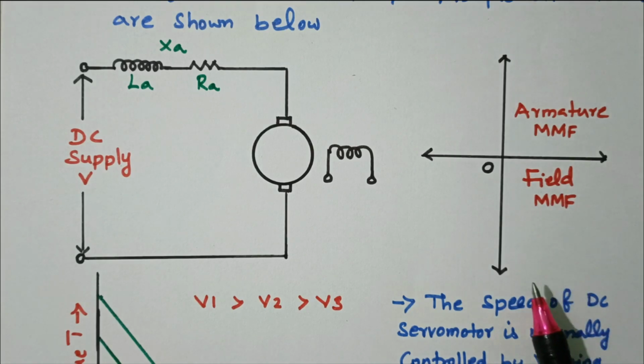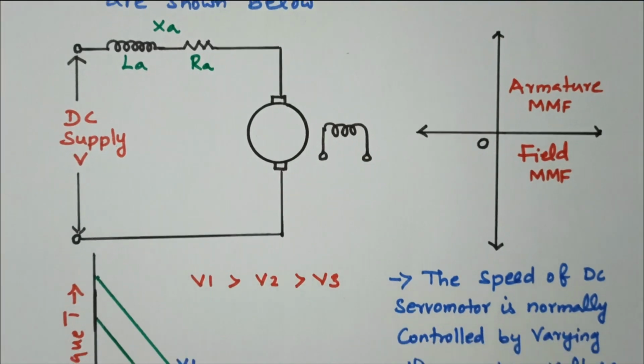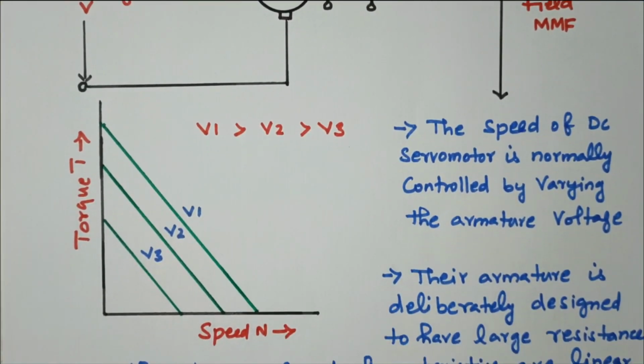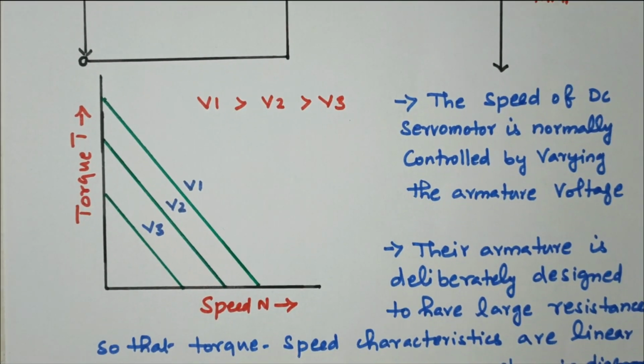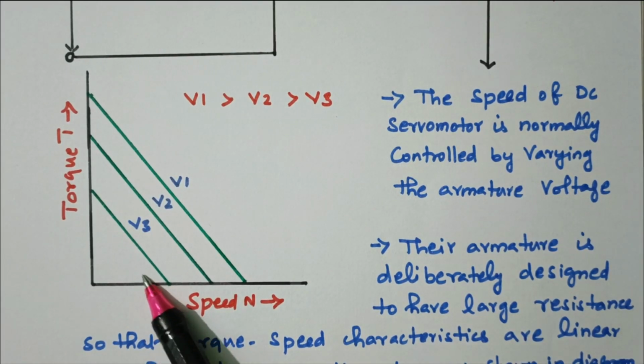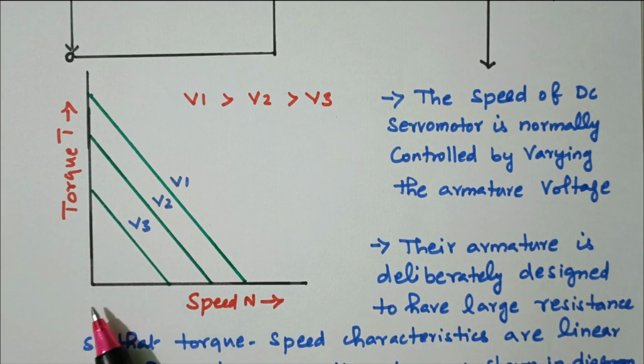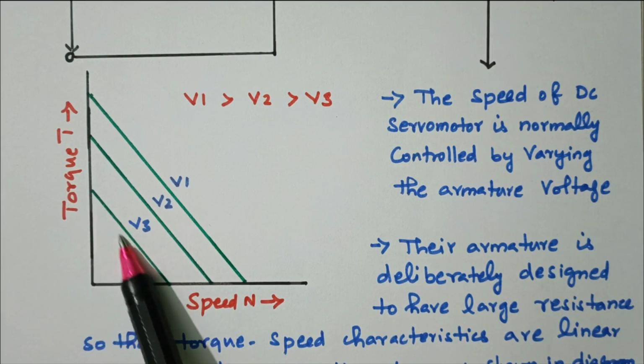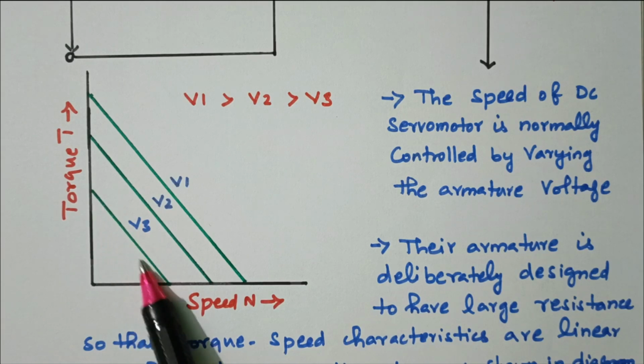In this motor, another important thing is the speed torque characteristics. Now we'll see the diagram. The speed torque characteristics are given, x-axis speed, y-axis torque. It has a negative slope, both are inversely proportional.